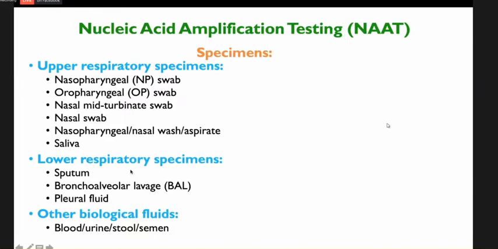There are different kinds of specimens that can be used for NAT analysis.